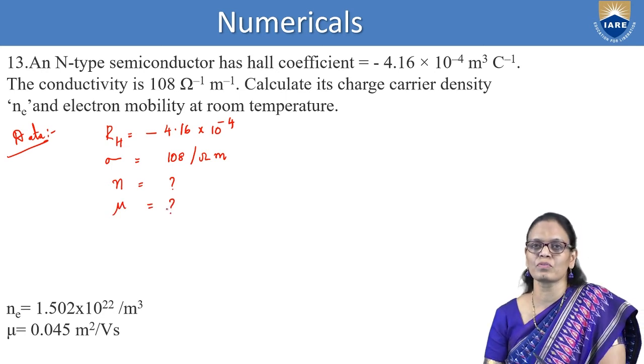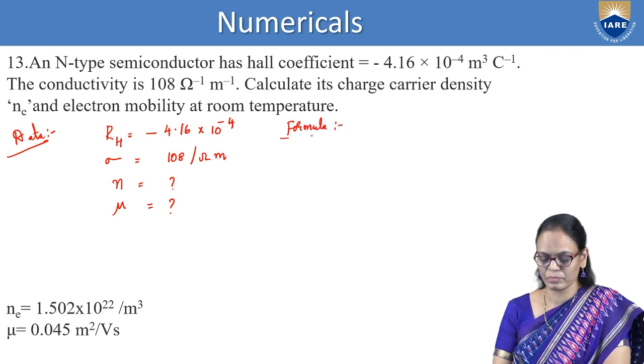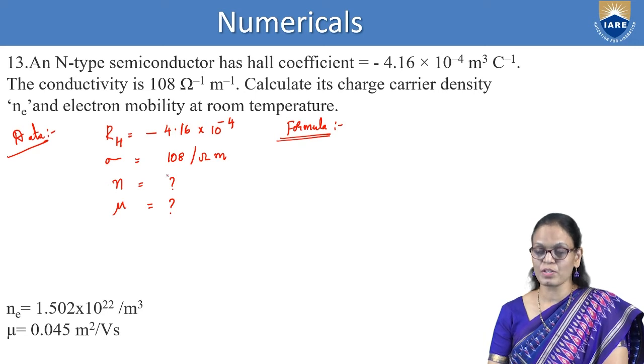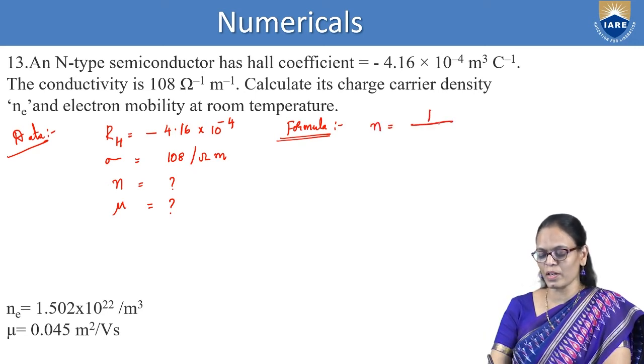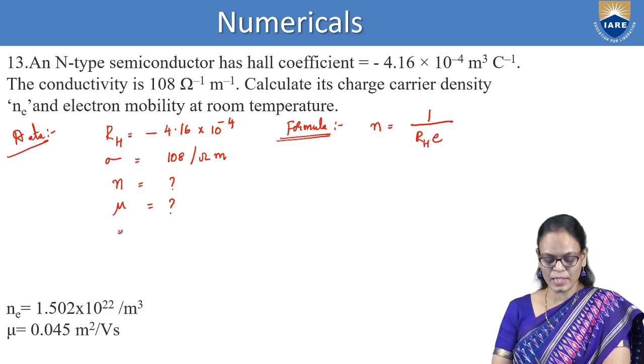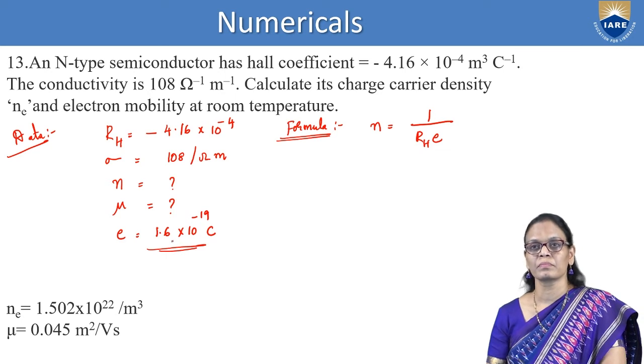These two you have to find. So the formula, first to find n: n will be equal to 1 upon RH into e, where e is equal to 1.6 into 10 power minus 19 coulomb.